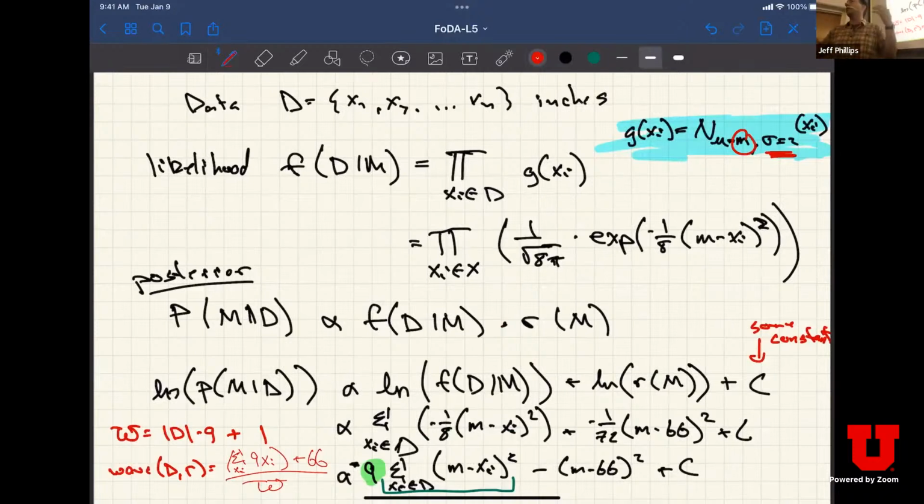Men are typically taller than women, so it's probably kind of a bimodal distribution. The standard deviation is probably not 2 here. I used 2 just as an example. The standard deviation of heights is much more than 2 inches.